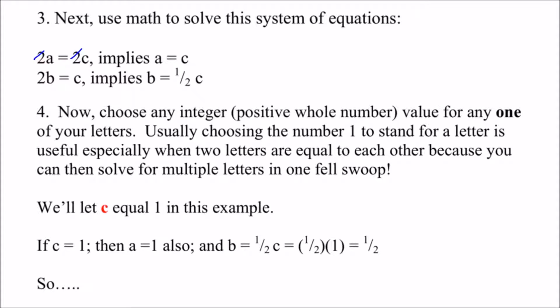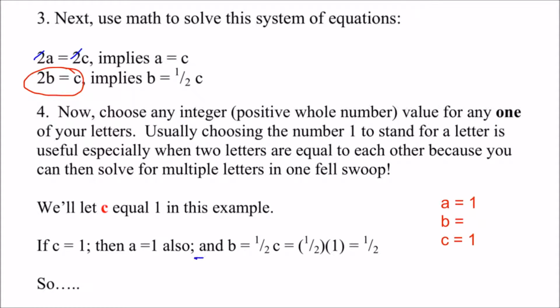And here's what I usually do. I usually make a list of my letters over to the side. So let's do that. We let C equal 1, which means that A automatically equals 1. That's what we have right here. Now we're going to use this second equation, the equation for oxygen, and solve for letter B because we don't know that yet.